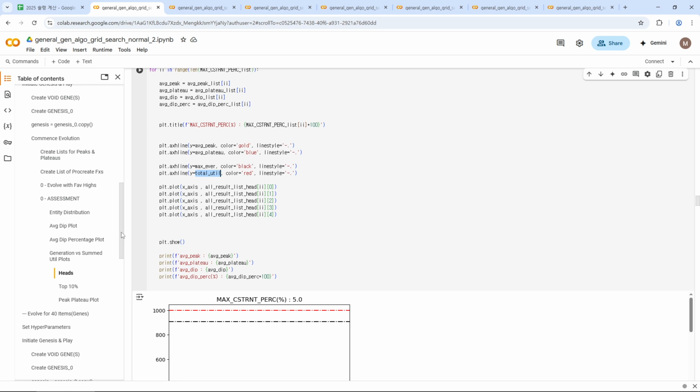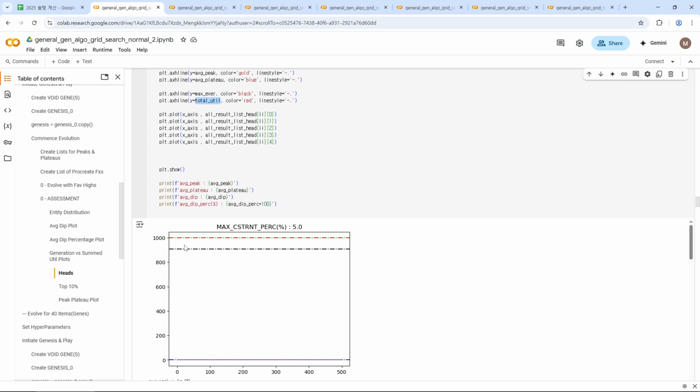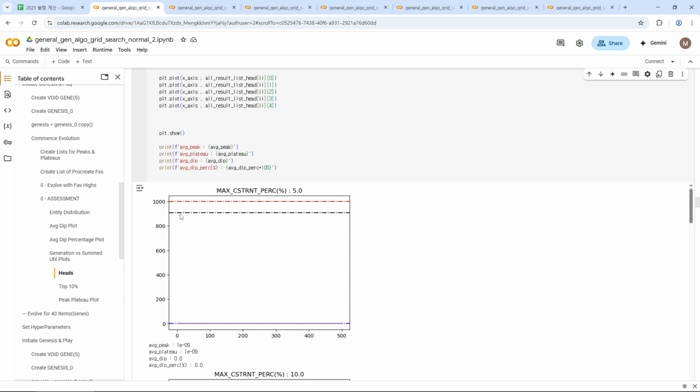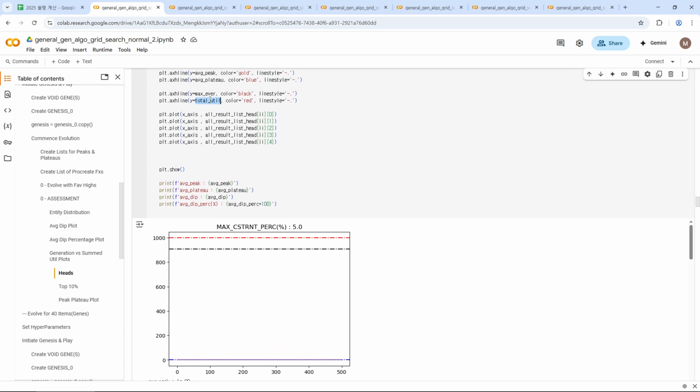So this red dash dotted line is the total sum of utility values of the last iteration. And there will be times when the maximum ever is higher than the total sum utility values of the last iteration, which doesn't make sense, which would not have made sense in the previous series of notebooks. But I just had to clear that.